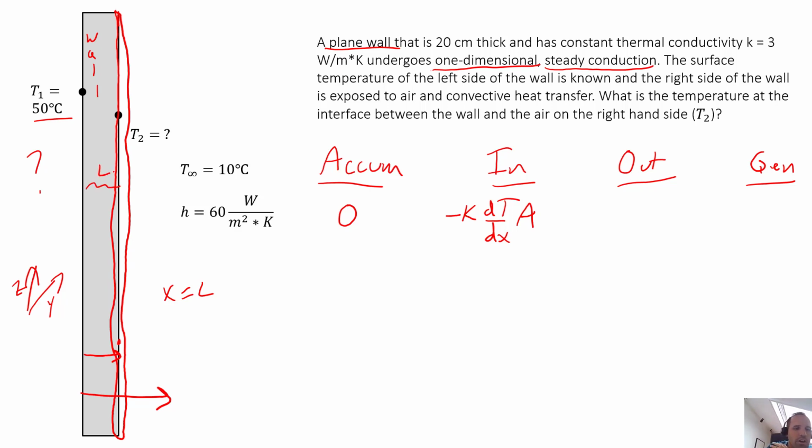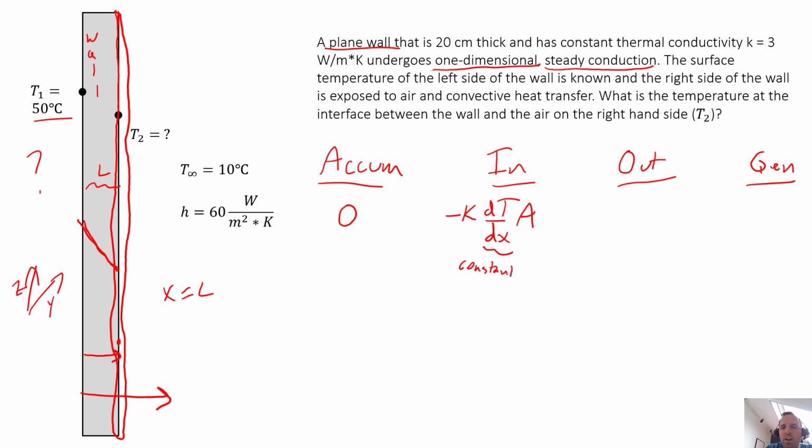However, if you remember from a previous lecture and from your reading, for a plane wall of constant thermal conductivity under a steady state process, the temperature profile is going to be a straight line. Which means that the derivative dT/dx is constant from x equals 0 all the way up to x equals L.